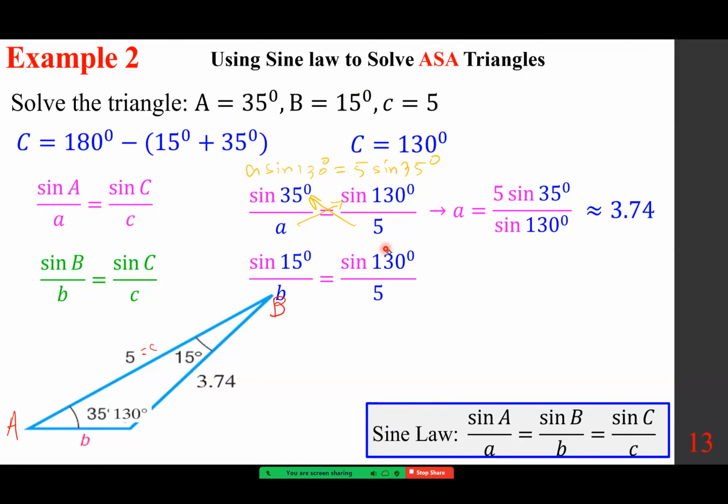Let's write that one also. b sine of 130 degrees equals 5 times sine of 15 degrees.